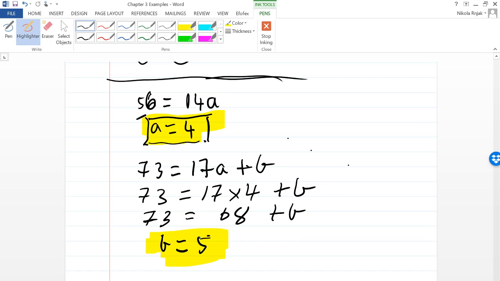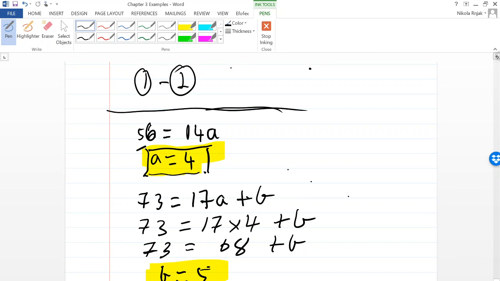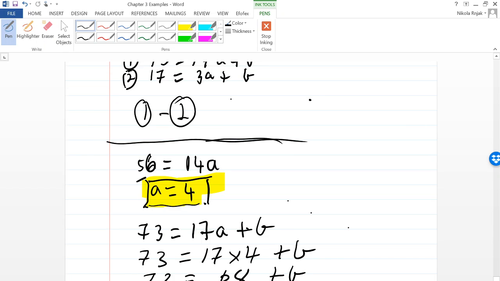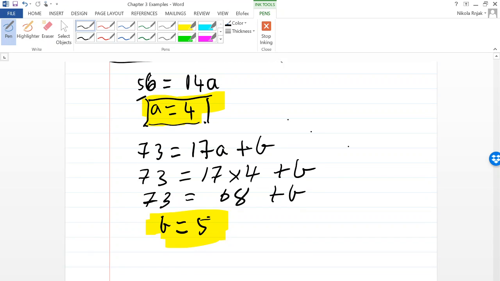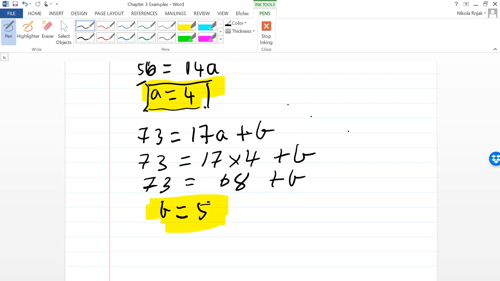So the equation is therefore t of n plus 1 is equal to 4 times t of n plus 5, where t1 is equal to 3.